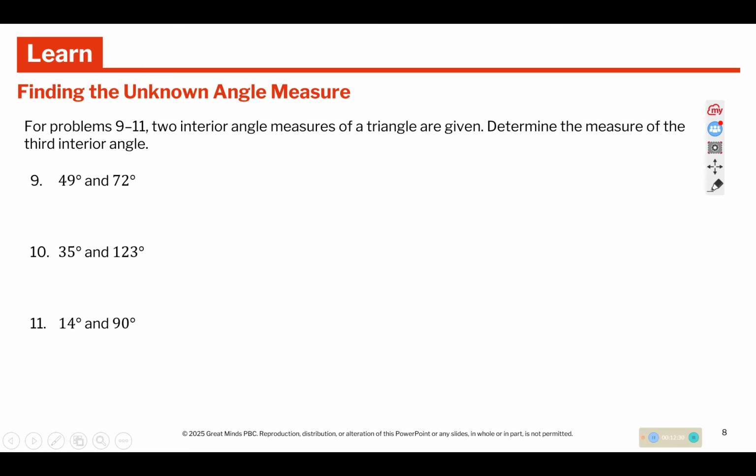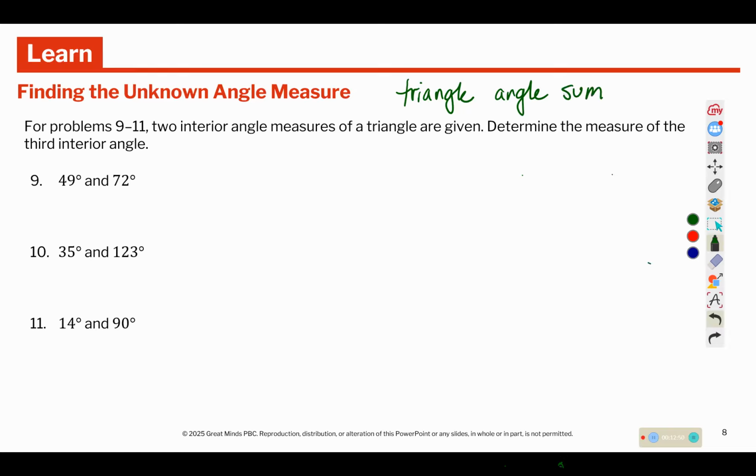For problems 9 through 11, two interior measures of a triangle are given. Determine the measure of the third interior angle. So the triangle angle sum says that all three angles in a triangle add up to 180.